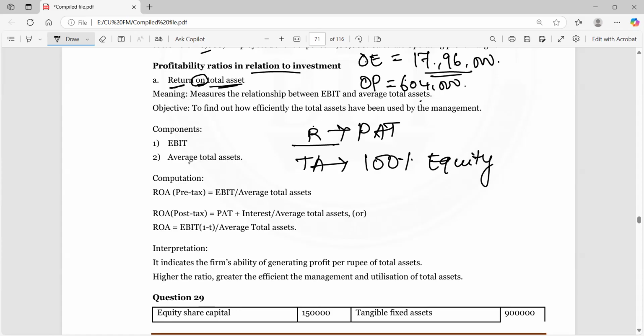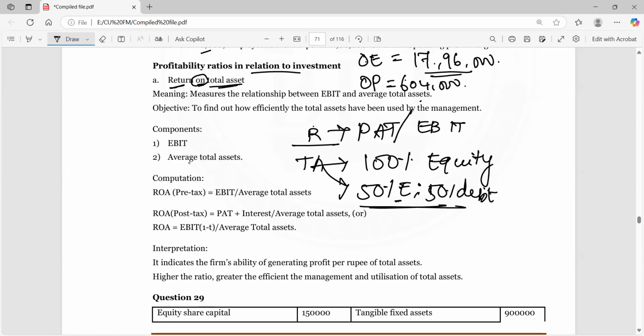You have to take profit after tax. Suppose the total asset is financed partly using equity and partly using debt, in that case, we have to take EBIT. Why? Because in the second case, the denominator includes equity as well as debt. So the numerator should also include the profit that is available for both equity shareholders as well as the debenture holders. Clear? You're all getting it?